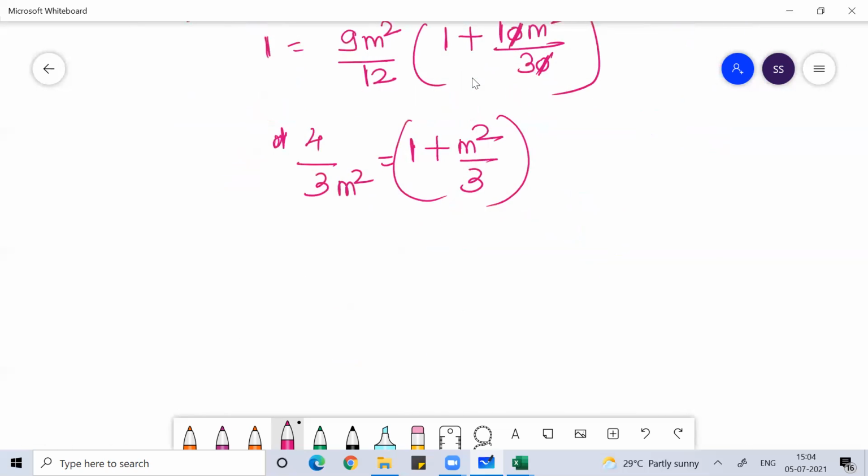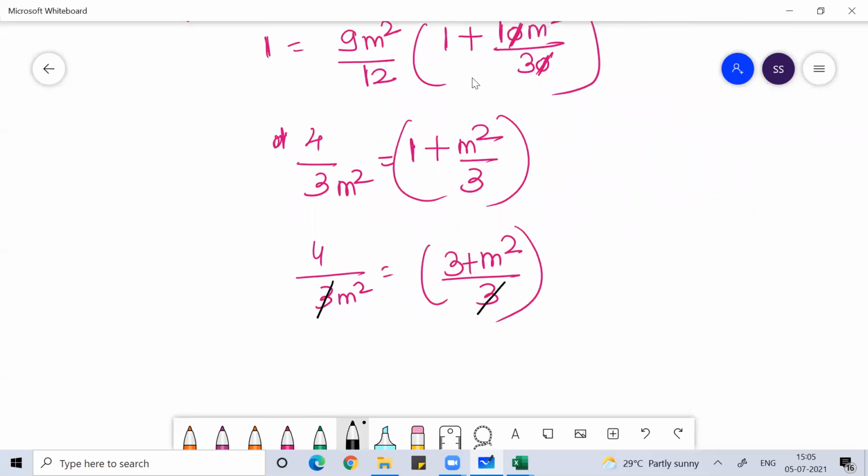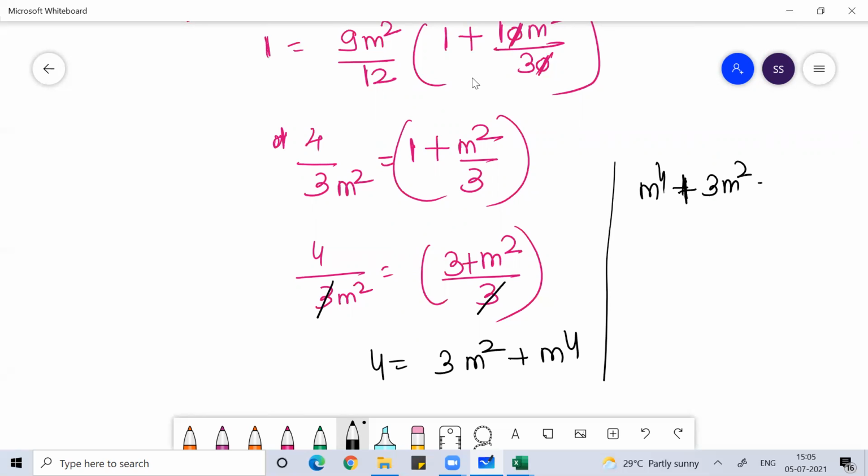So you can solve this: 4 by 3 m square is equal to 3 plus m square by 3. So 4 m square is equal to 3 m square plus m to the power 4. I can write this as m to the power 4 plus 3 m square minus 4 is equal to 0.